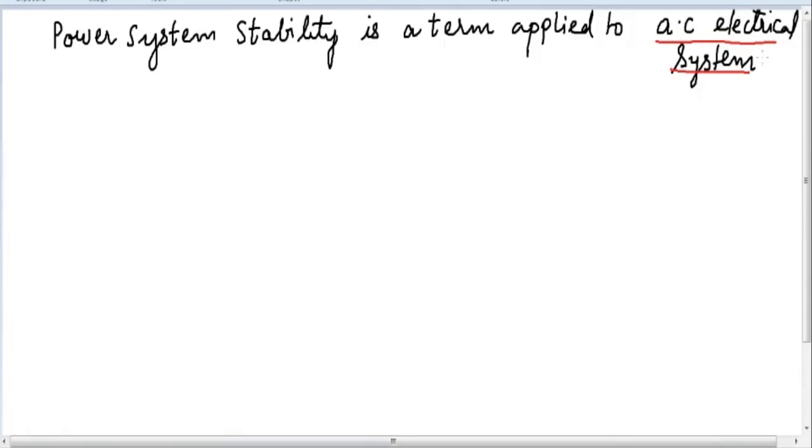Okay. So as our unit is focused on transient stability, we will directly switch to the topic of transient stability.